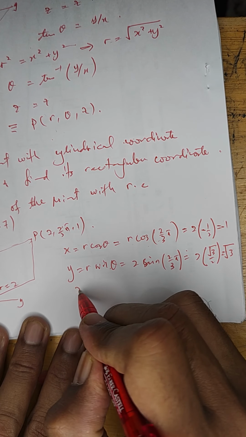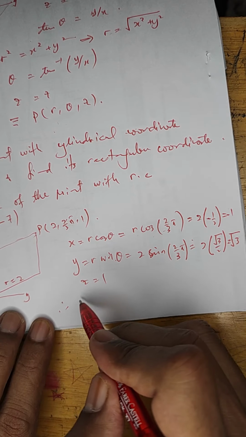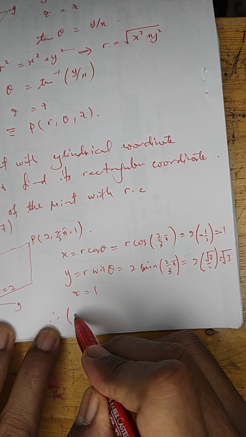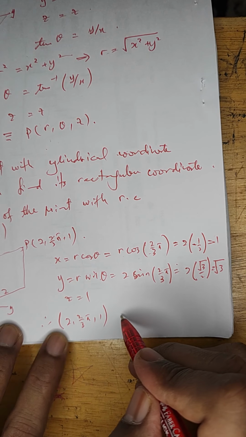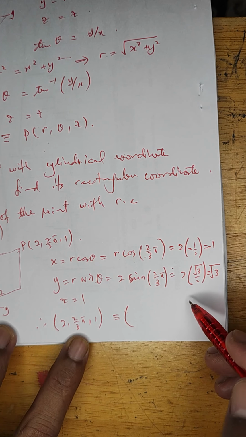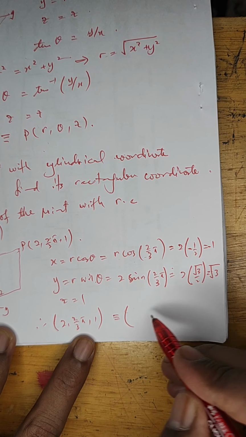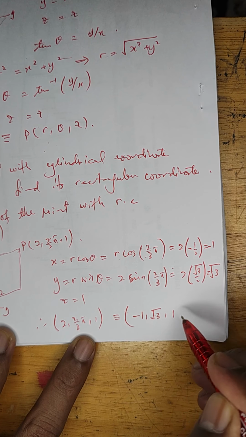And for z we have z equal to 1. So therefore the cylindrical coordinate (2, 2 over 3 pi, 1) is equal to, in rectangular coordinates, (-1, square root 3, 1).